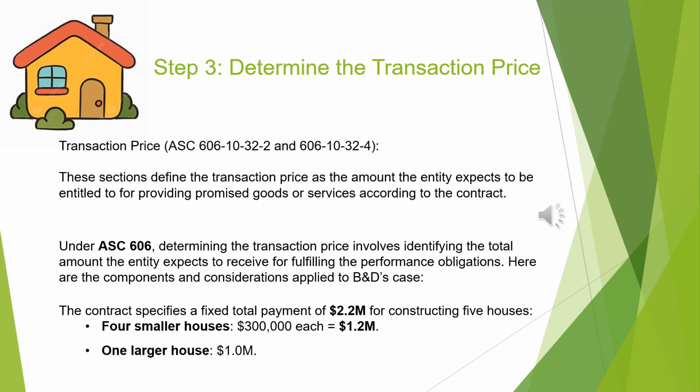So after reading those two guidances, under ASC 606, determining the transaction price involves identifying the total amount the entity expects, which was listed in the contract, and the contract specifies a fixed total payment of $2.2 million for the construction of 5 houses. 4 of those houses are smaller houses. They cost $300,000 each, so that will be $1.2 million to create all 4 of those, and then one larger house at $1 million.